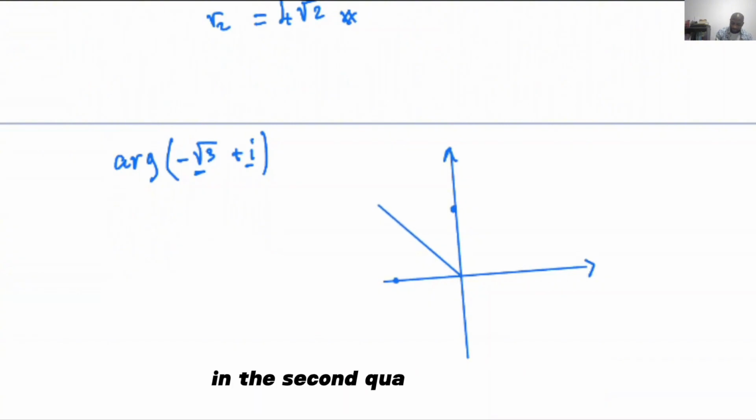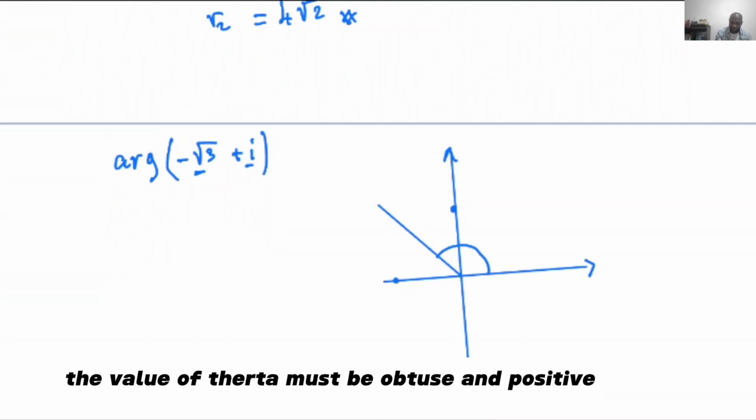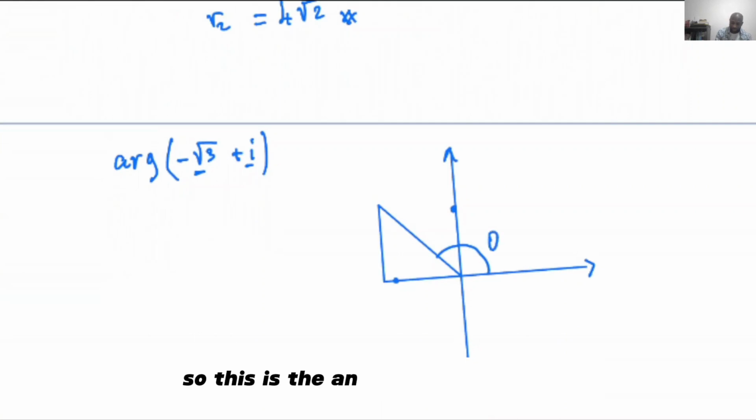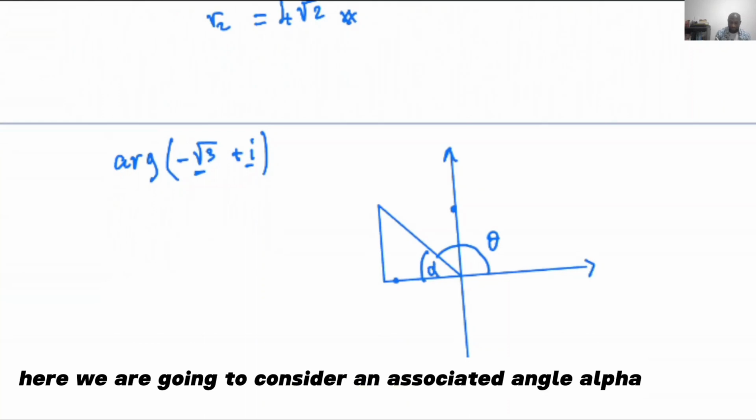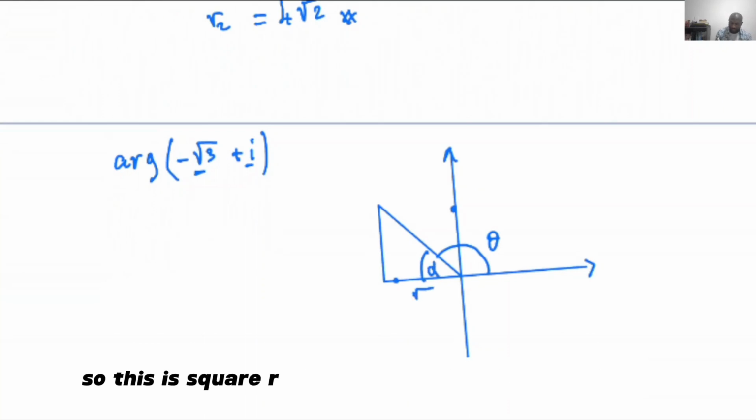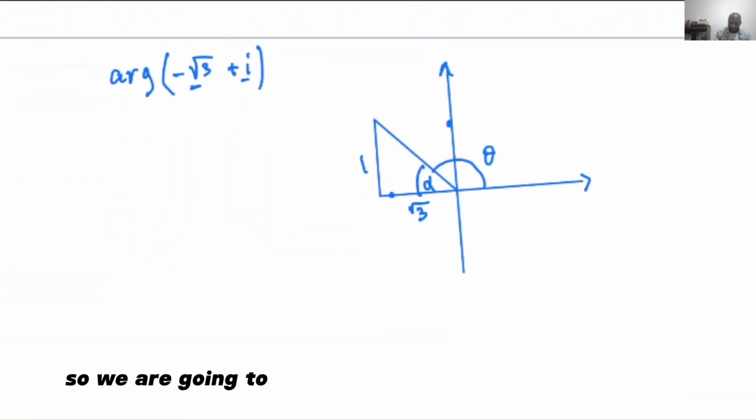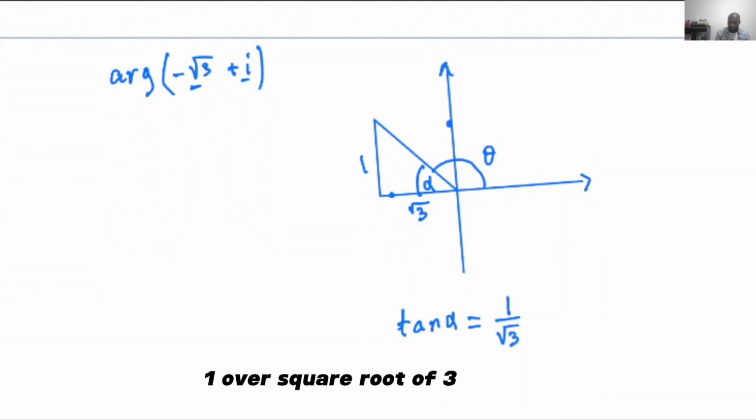In the second quadrant, the value of theta must be obtuse and positive. So this is the angle theta. Here we are going to consider an associated angle alpha. So this is square root of 3 and this is 1. So we are going to consider our tan ratio. The tangent of the angle alpha is equal to 1 over square root of 3.